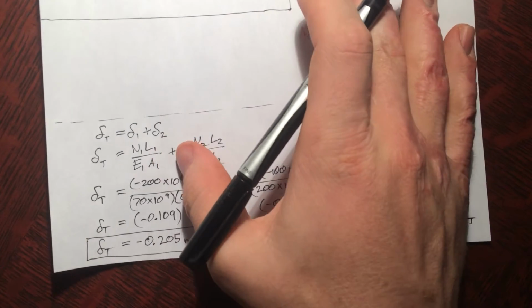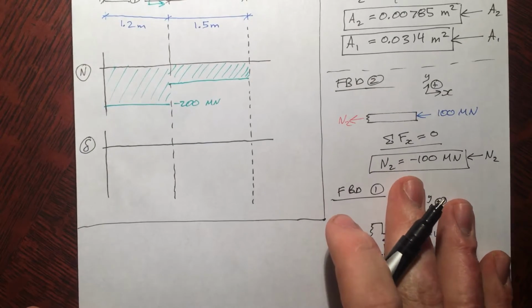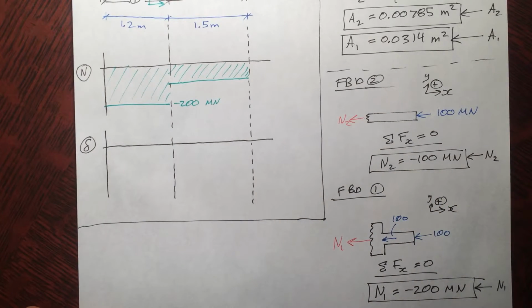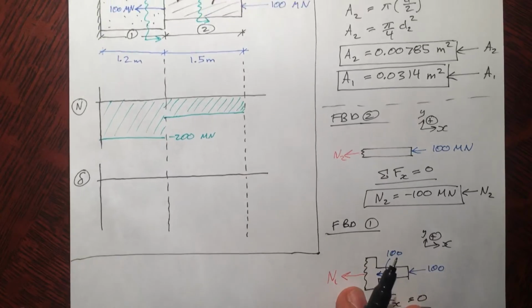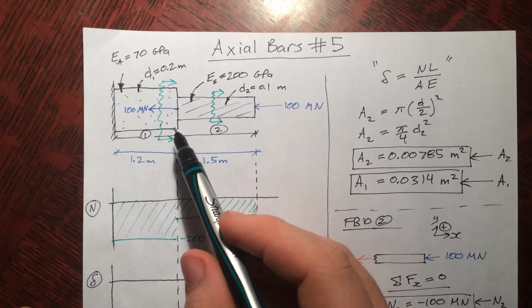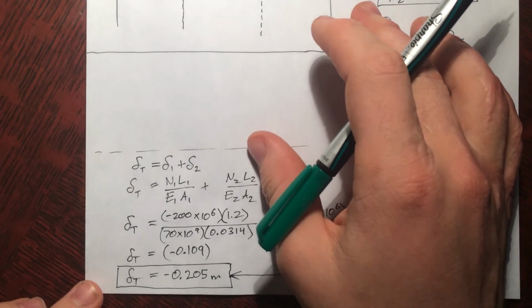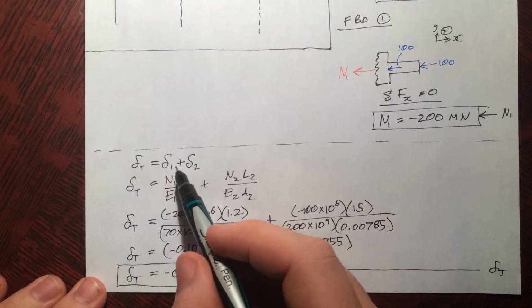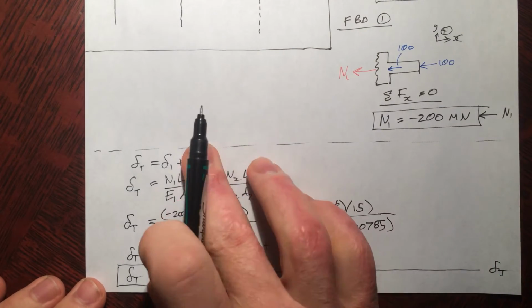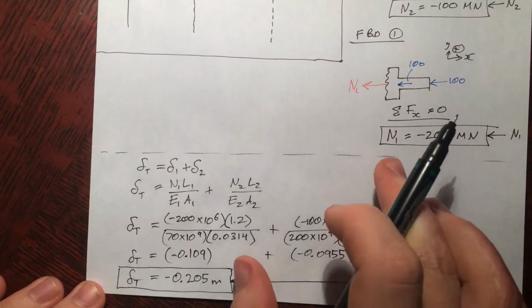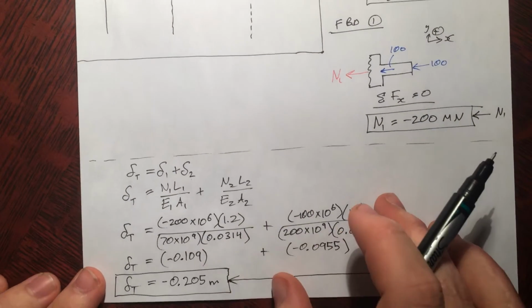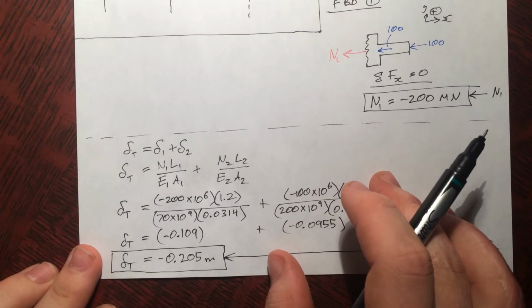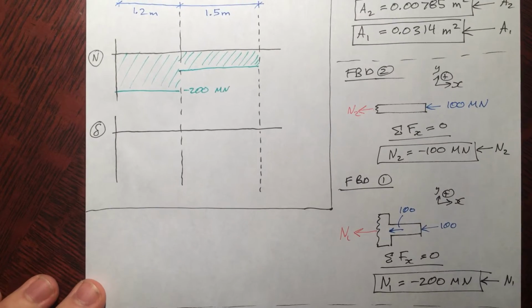Alright, let's go back and plot this. So the delta at this displacement here would be this equation here evaluated at delta 1. So basically we just take delta 1, and that's negative 0.109. Alright, so let's just pick a point here.